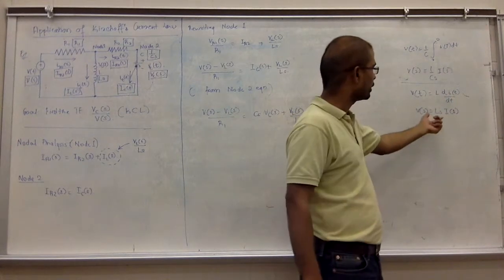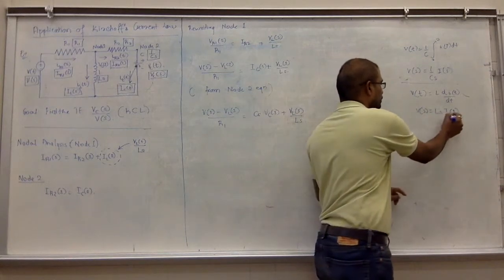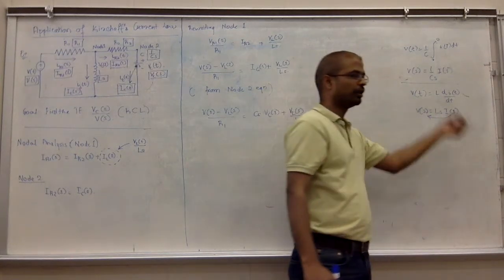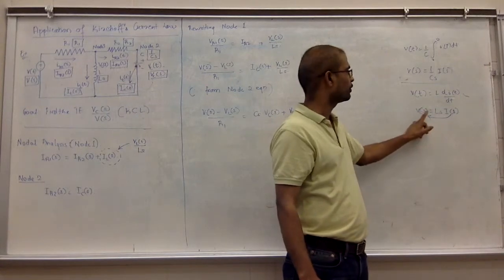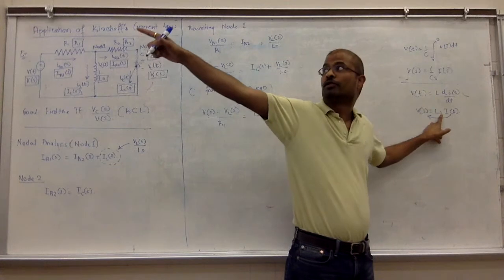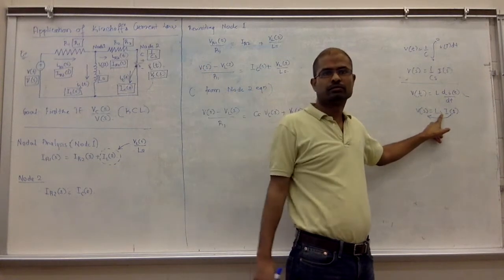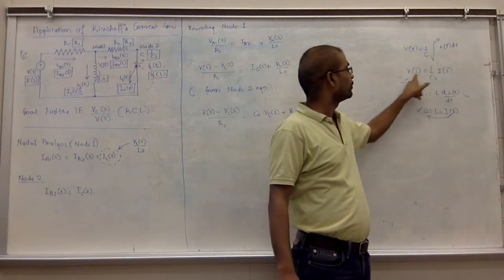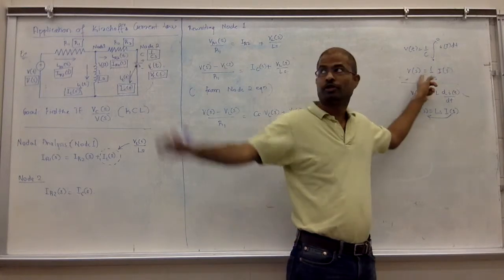So now what is the impedance? You take I of s to the left hand side. V of s over I of s is Ls for the inductor, and 1 over Cs for the capacitor. That is the impedance.